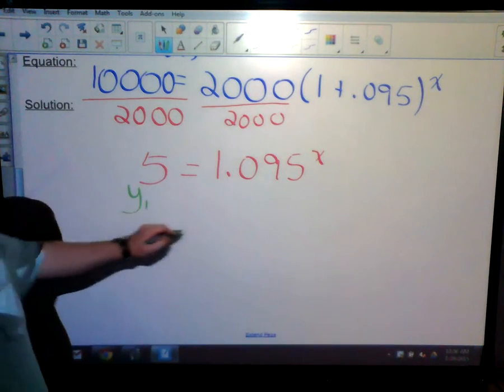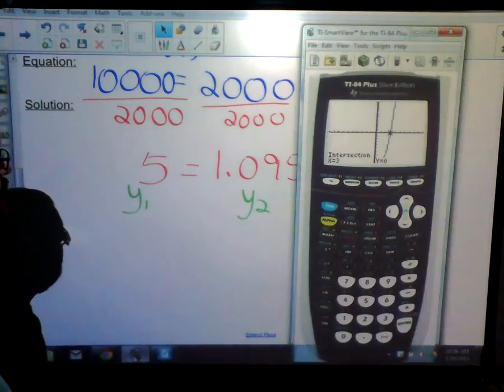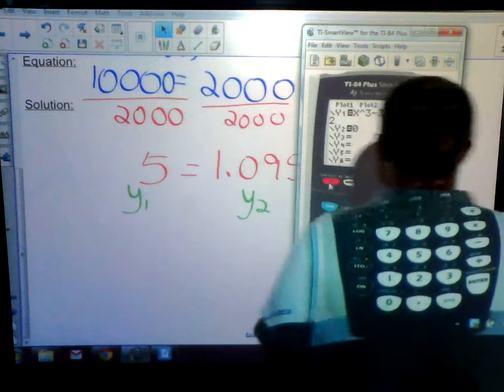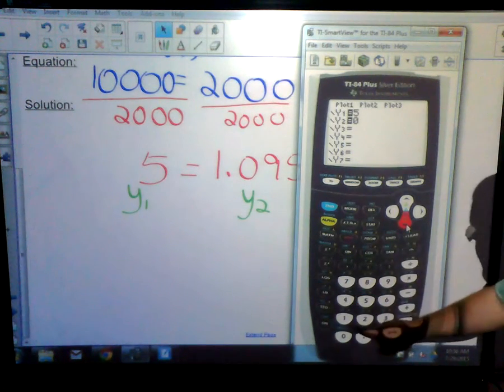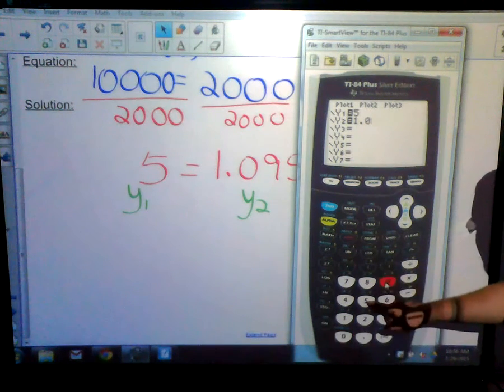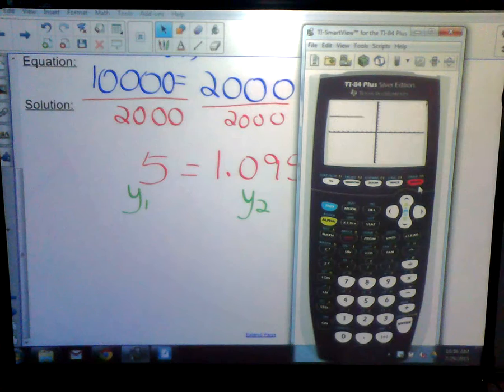Now I'm going to grab a calculator. I'm going to put this side in y1, this side in y2. Y equals, the left side is 5, and the right side is 1.095 raised to the x power. And I'm going to graph it.